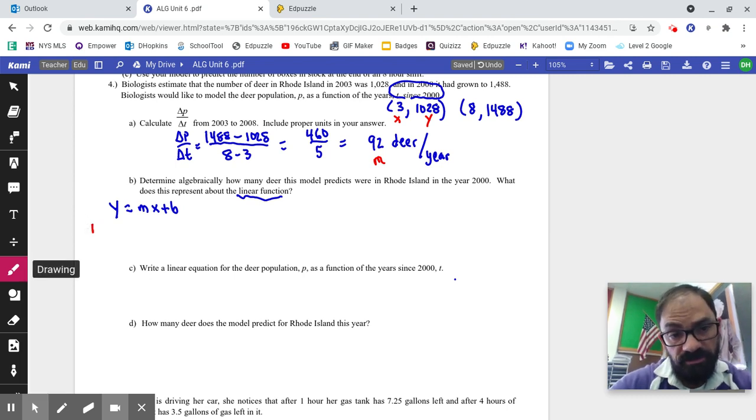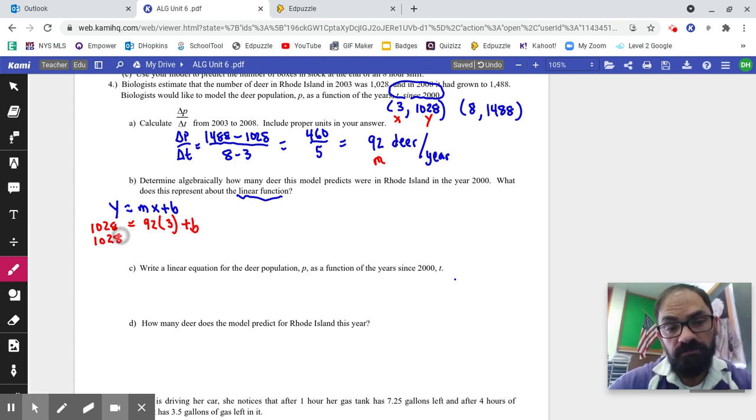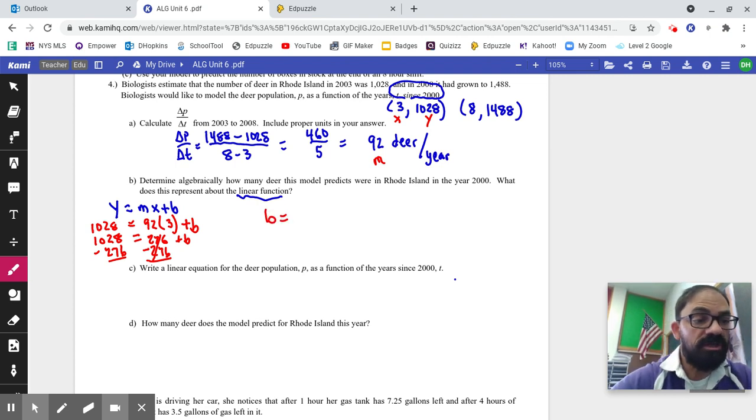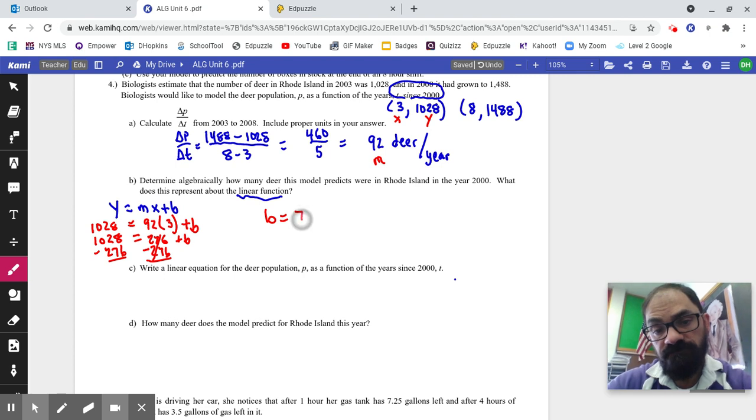Our y is 1,028. Our slope is 92. The x is 3. And we're solving for b. 276. So b would actually equal 1,028 minus 276, 752.